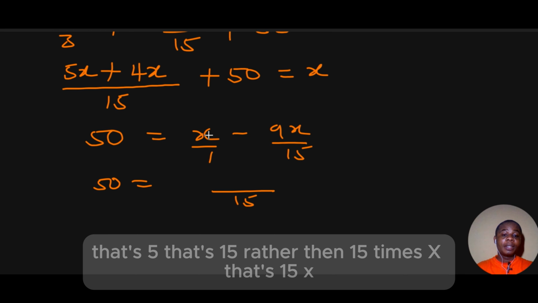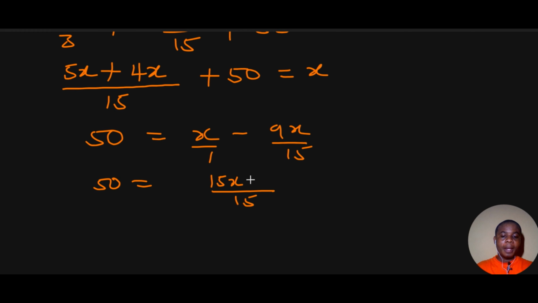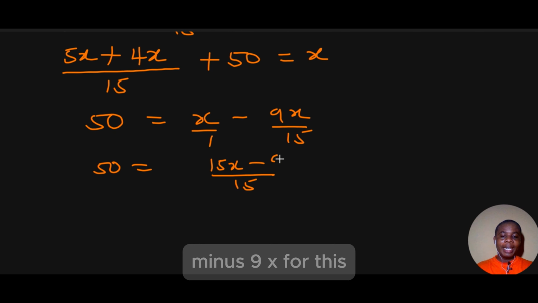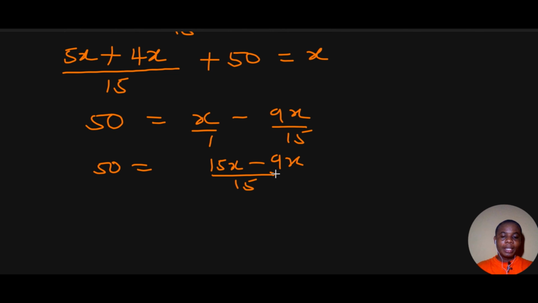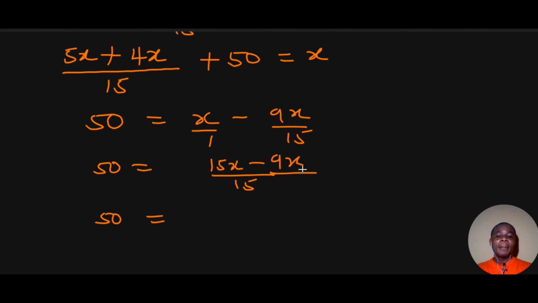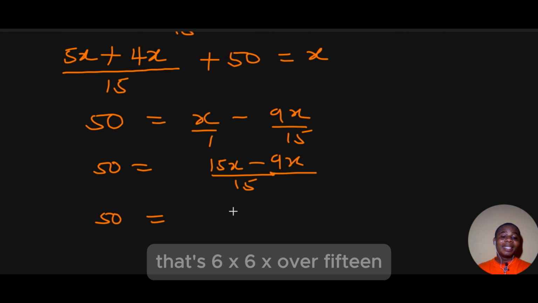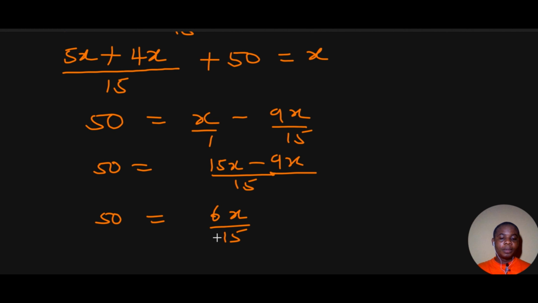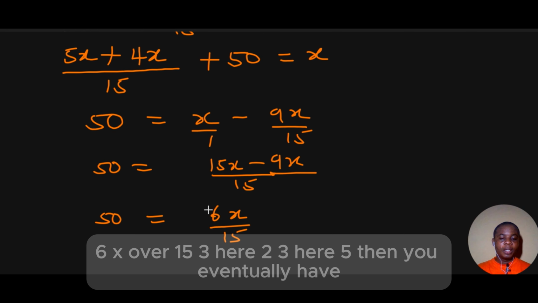Then 15 times x, that's 15x, minus 9x for this. So 50 is equal to 15x minus 9x, that's 6x. 6x over 15. 3 here, 2. 3 here, 5.